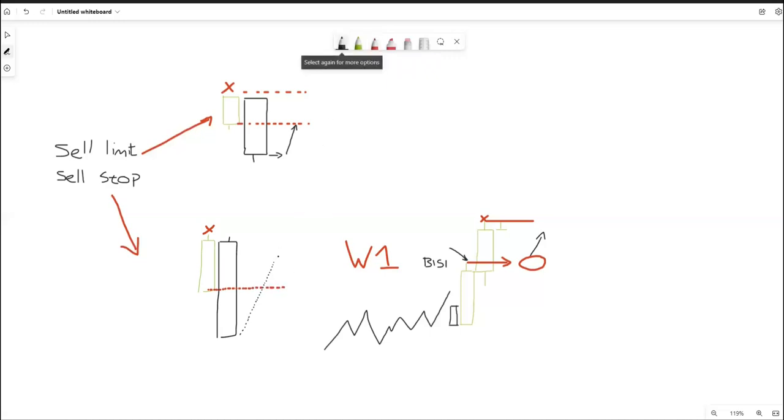So only when price trades through this zone does the trade get activated, with your initial sell stop and stop loss wherever you had placed it, probably above that high. So the difference is that when price trades through the sell stop, it activates, and when price trades to the sell limit, it activates. That's the difference.